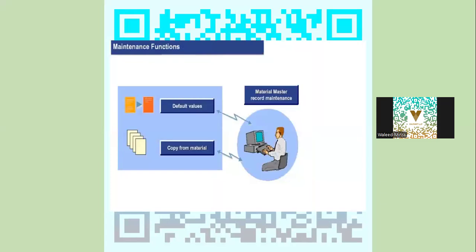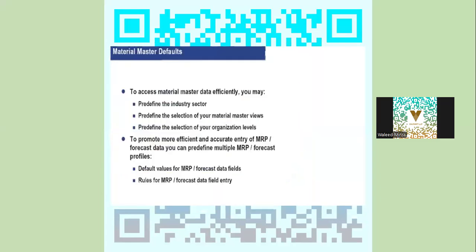Default views, yes, defaults can be like unit of measure, which can be copied from material to material. Defaults can be the industry sector, unit of measure, forecast data fields, data entry fields for forecasting.